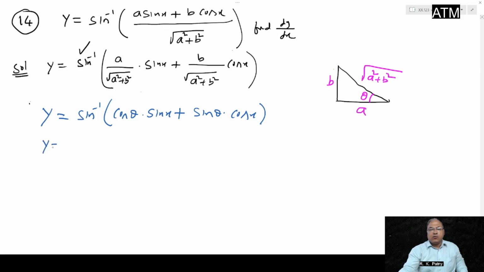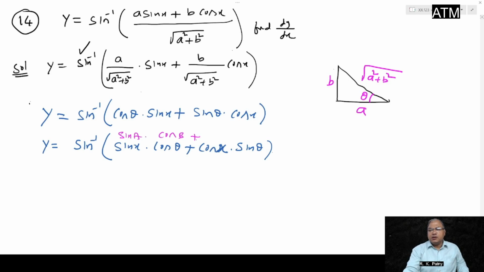Writing properly, y equals sine inverse of sin A cos B plus cos A sin B. Once again, sin A cos B plus cos A sin B equals sin of A plus B, which implies y equals sine inverse of sin of (A plus B).